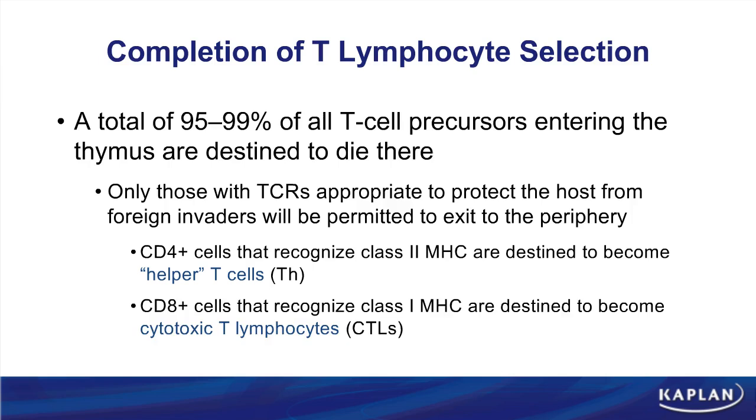Please recall that CD4 is a co-receptor molecule on a T cell that recognizes and binds to MHC class II. CD8, on the other hand, is a co-receptor found on a T cell that is going to interact and bind to class I. CD4 cells in general will become what are known as helper T cells, where our CD8 positive cells will eventually differentiate into cytotoxic T lymphocytes.